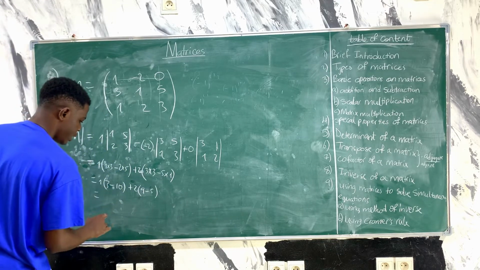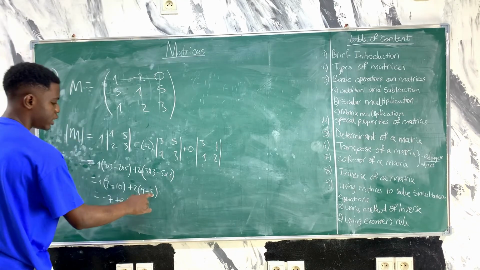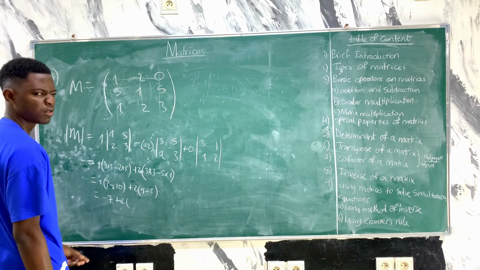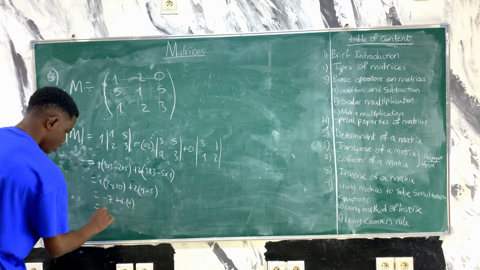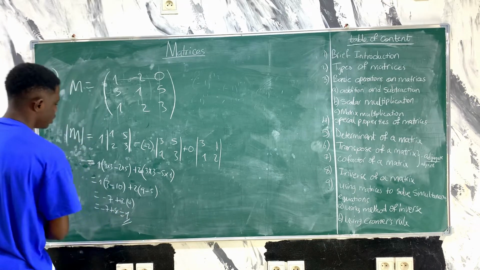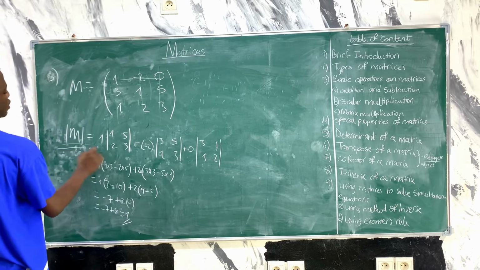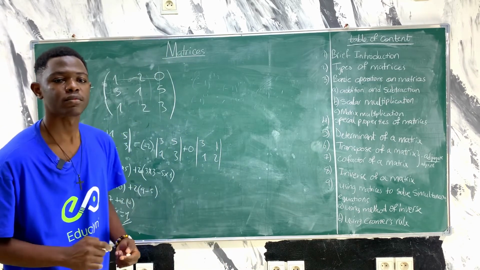So it is equal to 3 minus 10, which is minus 7. So minus 7 plus 8 is equal to 1. It implies the determinant of m is 1.